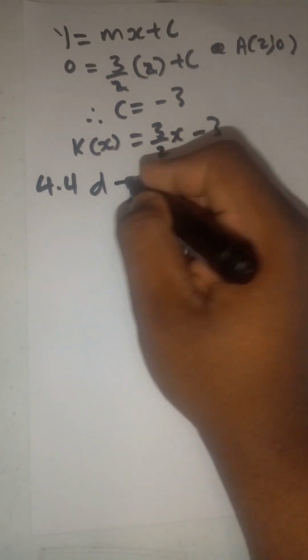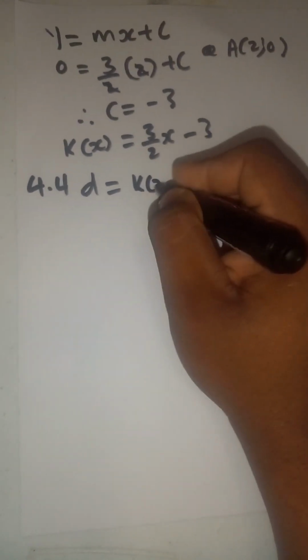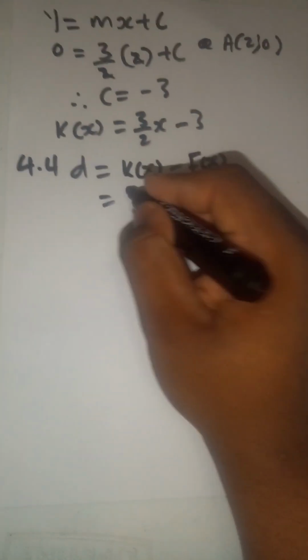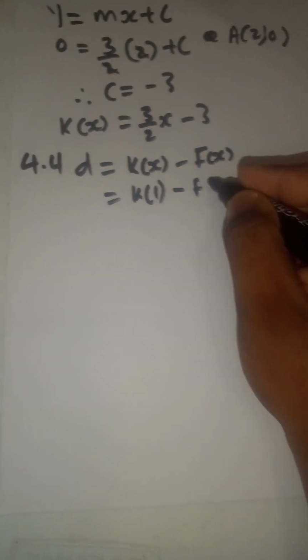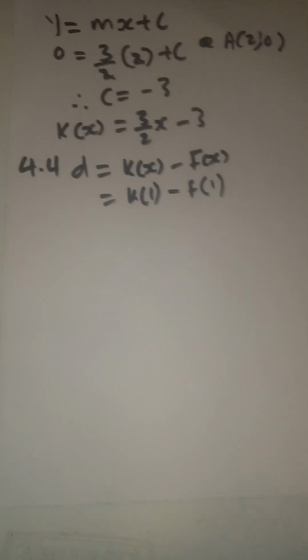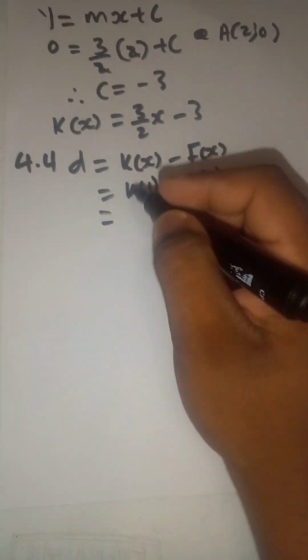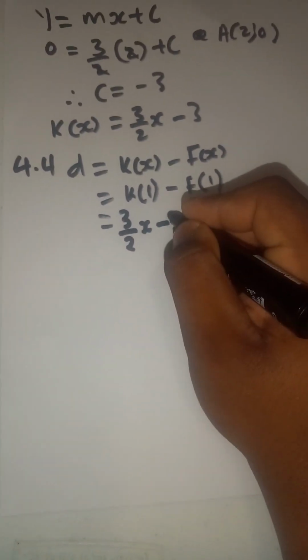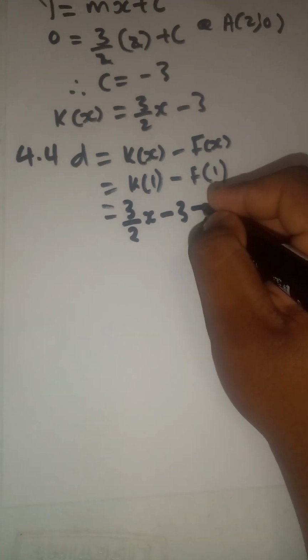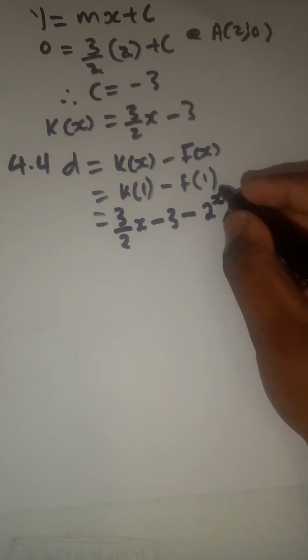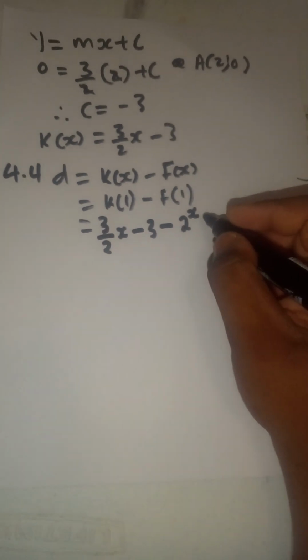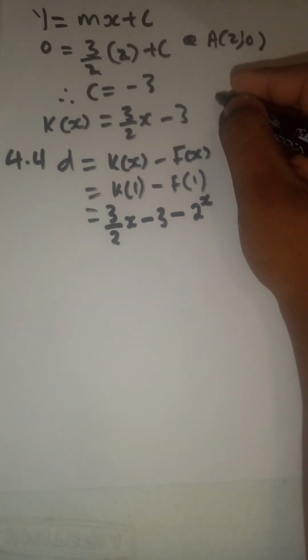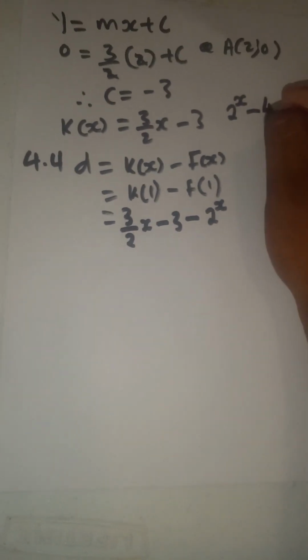So now check something there. I can simply say the vertical distance is equal to k of x minus f of x. But they said at x equal to 1, so where there is x, I'm going to put 1, right? Now let me put my equation so that I'm not confusing you. 3 over 2 x minus 3, minus the graph of f, which is 2 to the power of x minus 4.